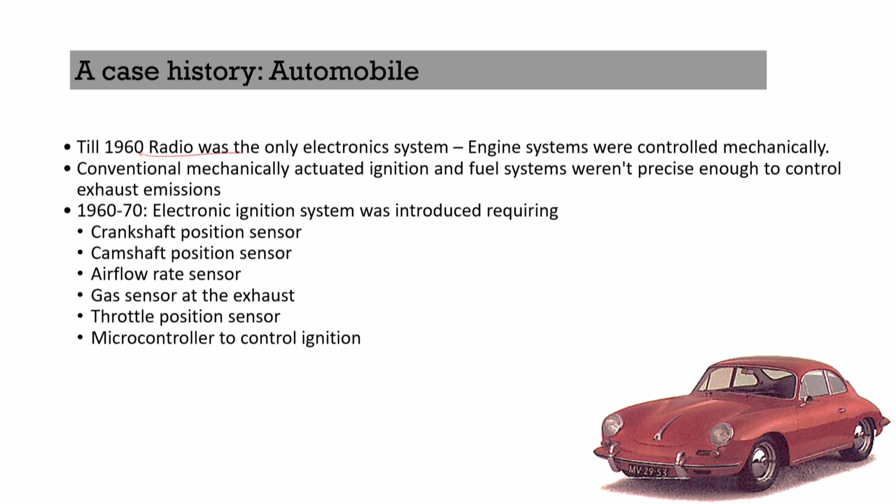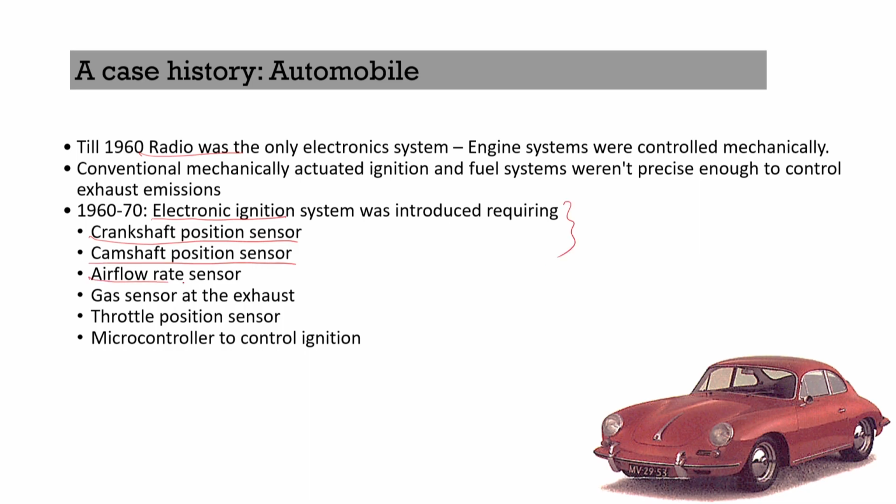So, from 1960 to 70, all sorts of electronic systems, one by one in that decade, started getting integrated in an automobile, like electronic ignition system, crankshaft position sensor, and also the camshaft position sensor. So, that you can automatically ignite using these three systems.